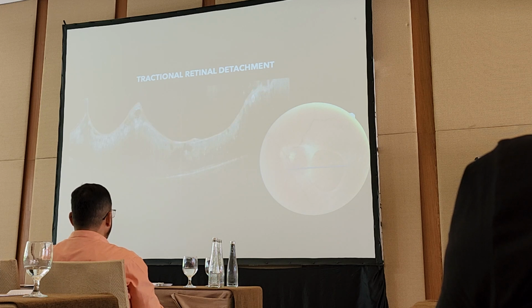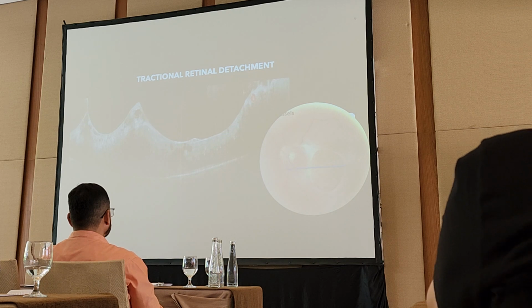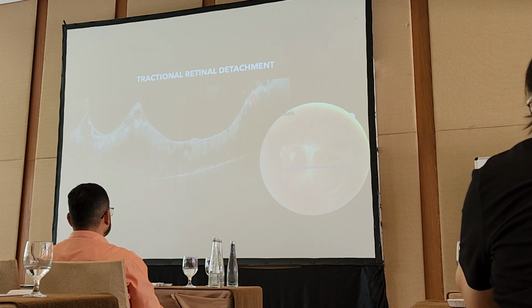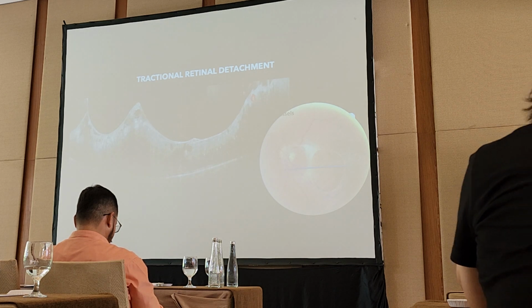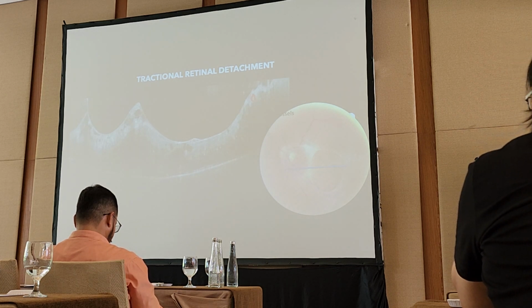Okay. Traction membranes, and this is the cystoid spaces, subretinal fluid, and then these are the blood vessels over there. These blood vessels could be from the retina or from neovascularization.